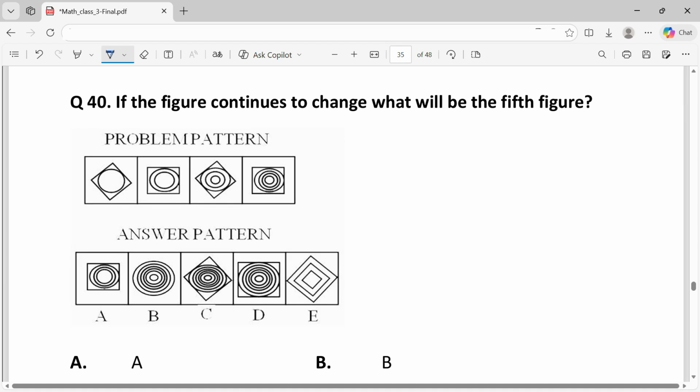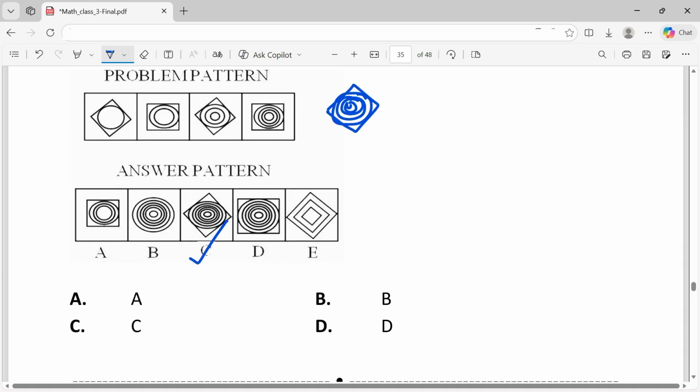In the second, it is placed on its side. So the next figure will have its square diagonally placed with the number of circles inside increasing. That is option C.